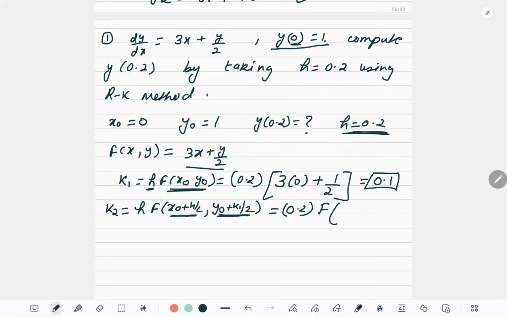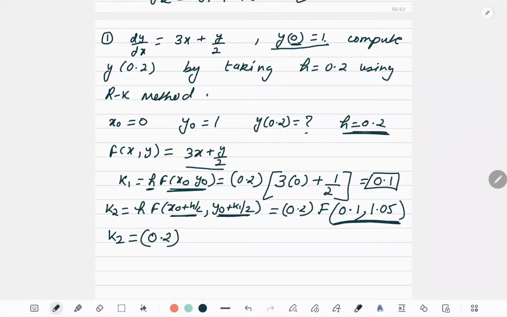So 0.2 by 2 is 0.1. So 0 plus 0.1 is 0.1, comma, y0 plus k1 by 2. y0 is 1 plus k1 by 2. What is k1? k1 is 0.1. So 0.1 upon 2 is 0.05. So 1 plus 0.05 is 1.05.